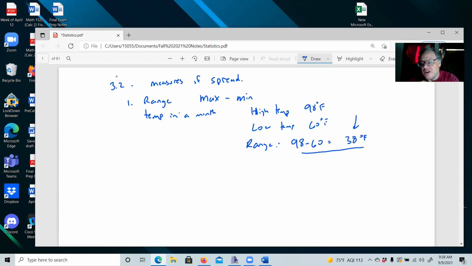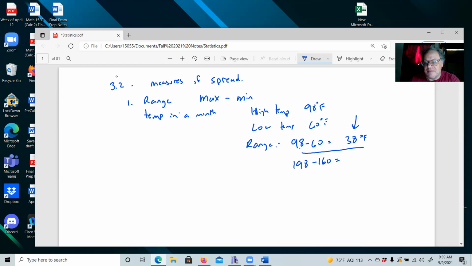If you're taking a standardized test or giving a homework answer, they want 38. They don't want to see this. But I think letting people know what the values were is a nice thing, because in statistics we care a lot about where the values are. 98 minus 60 is a 38 difference, but so is this.